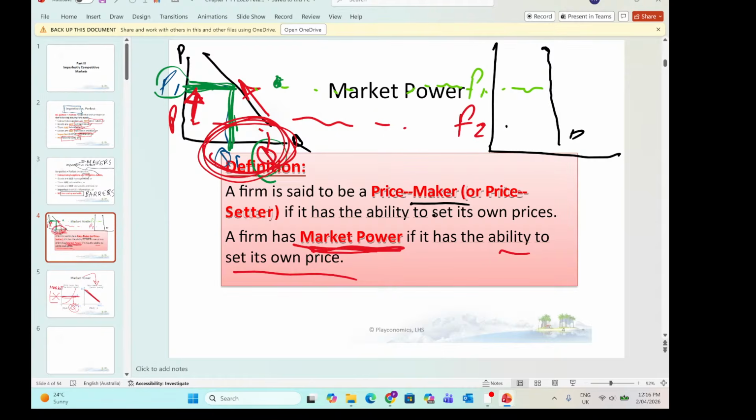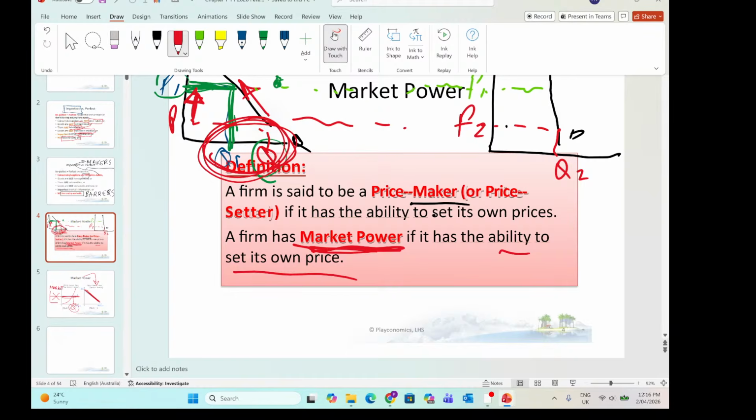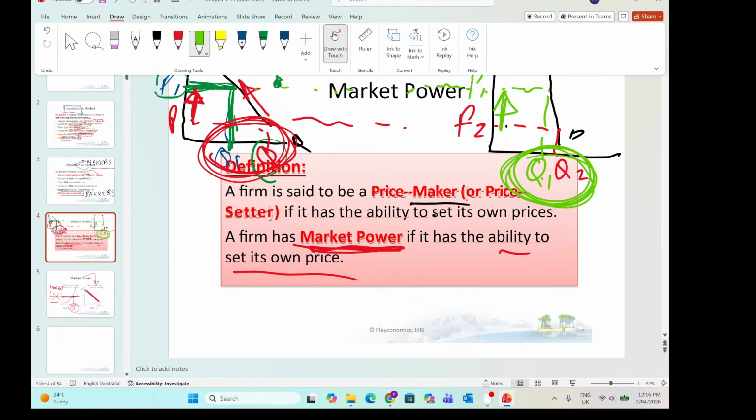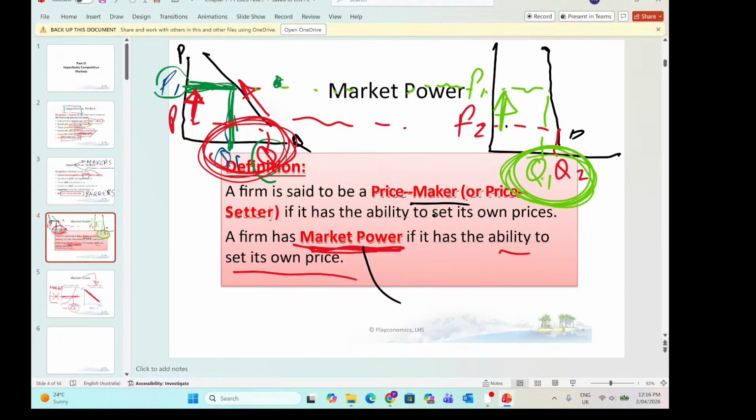At P2, they're selling Q2. At P1, they're selling Q1. You can see that the price rise in the situation on the right delivers a much lower fall in quantity. So the firm on the right-hand side has a lot more ability to raise the price.